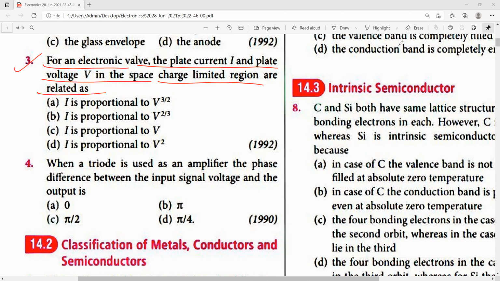So according to Child's law, we write I equal to K V raised to 3 by 2. So from this, I is directly proportional to V to the power of 3 by 2. Therefore, for the third one, A is the right answer.